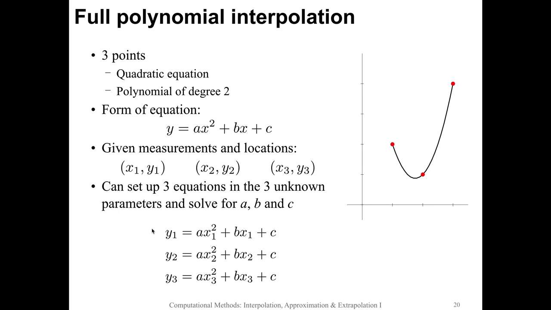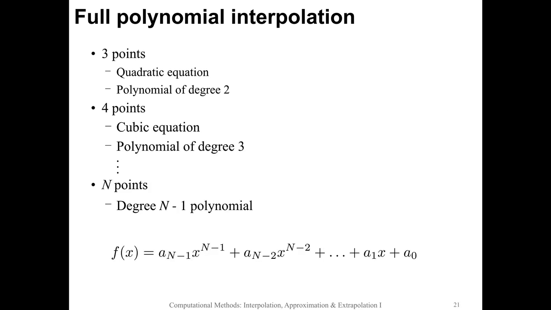The first point provides us with the first equation, the second point provides us with the second equation, and the third point provides us with the third equation. So we have 3 equations. Our unknowns are a, b, and c. We know what the x's are, we know what the y's are, so we can solve for a, b, and c here, because it's a simple system of equations.